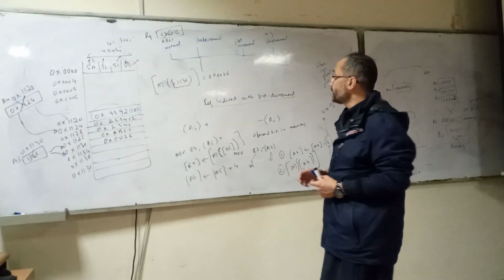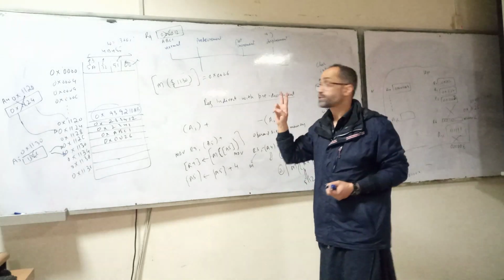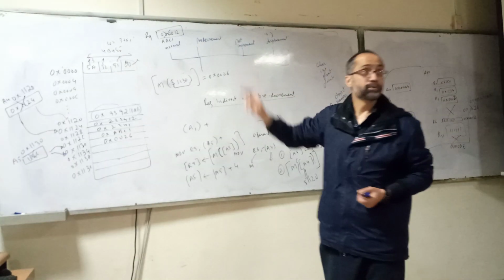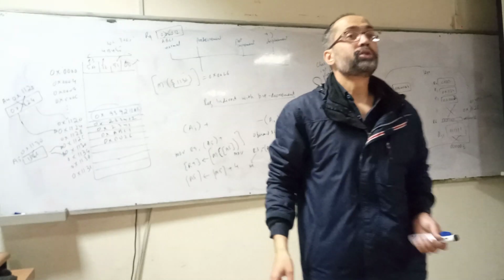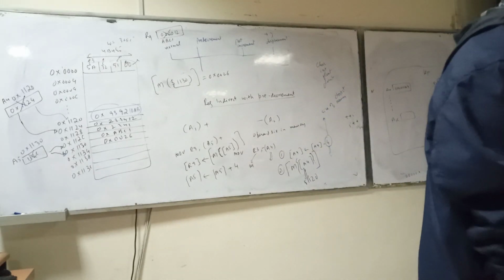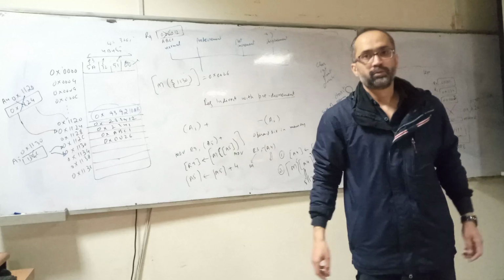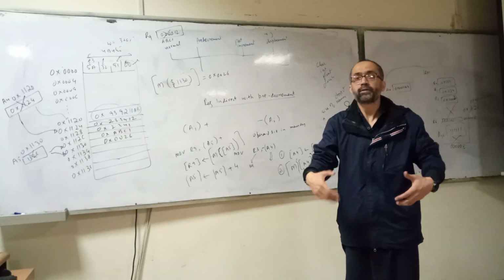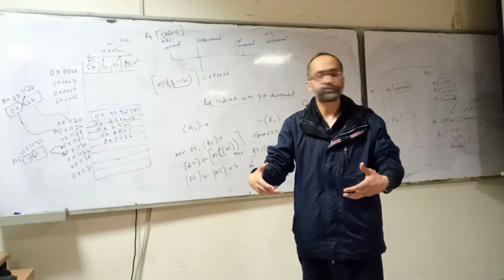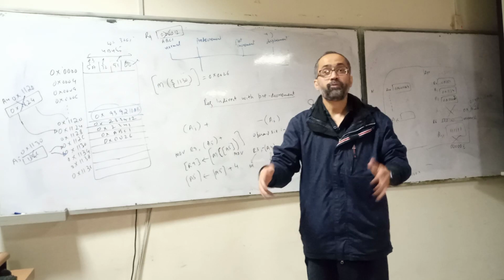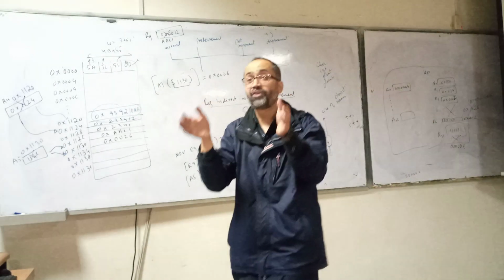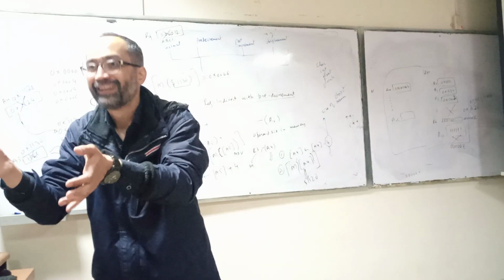Now we have studied two types of register addressing mode: pre-decrement and post-increment. When they should be used is a question. The answer is array. When we want to access the data within an array serially, consecutively.